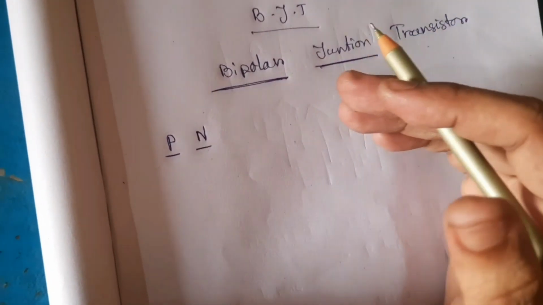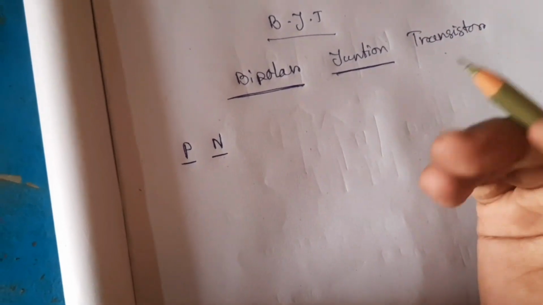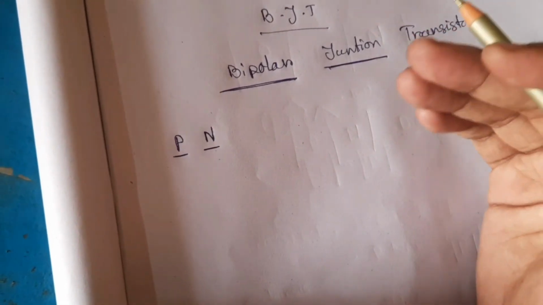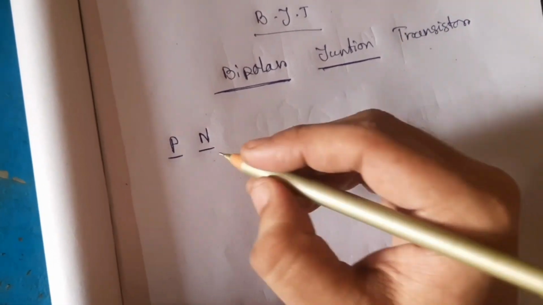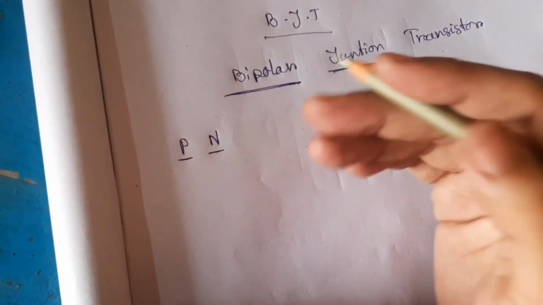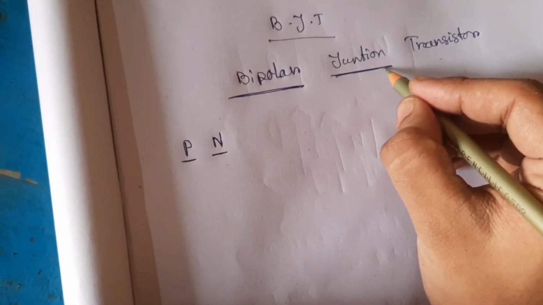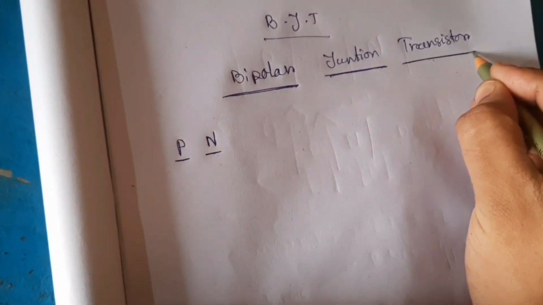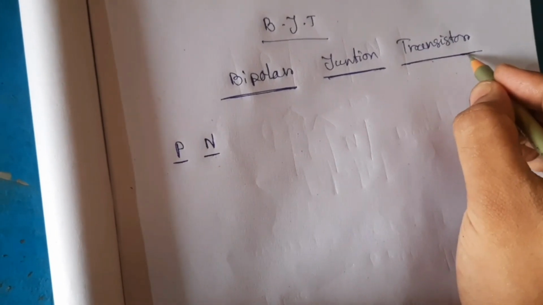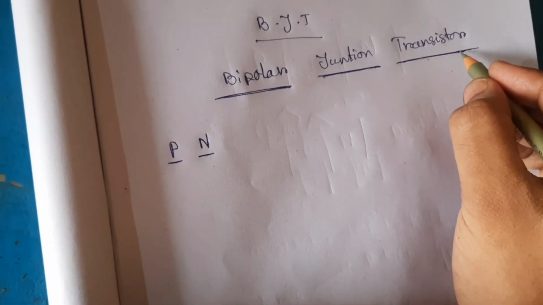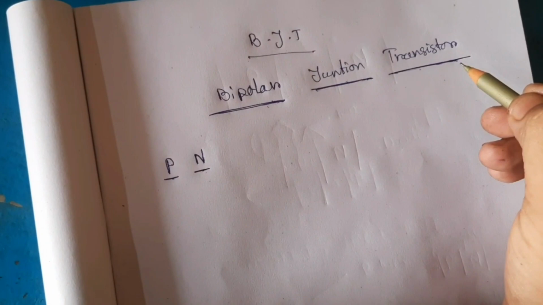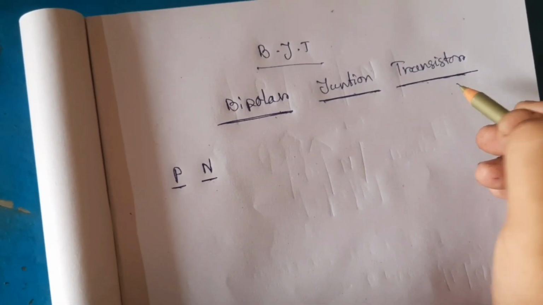In the case of MOSFET, there is another type of construction. In the case of BJT, there is a junction between P and N type semiconductor crystal. From the structural side, we can consider this a junction. And what is transistor? The transistor means the number of crystals is 3. This is the bipolar junction transistor and we call it shortly BJT.